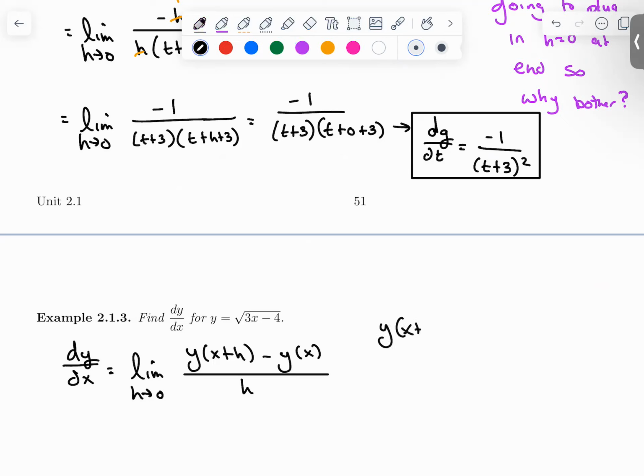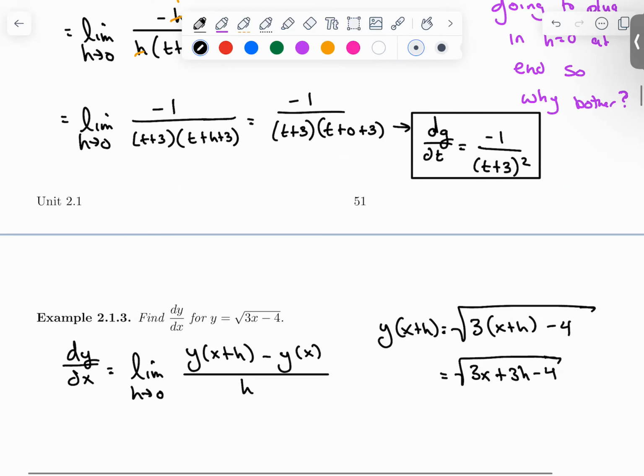Y of x plus h equals the square root of 3 times the quantity x plus h minus 4, which is sufficient. You can leave it like that. You can leave it as is, or you can write it as this: 3x plus 3h minus 4. Any questions on that?